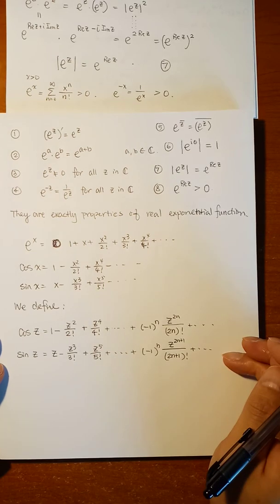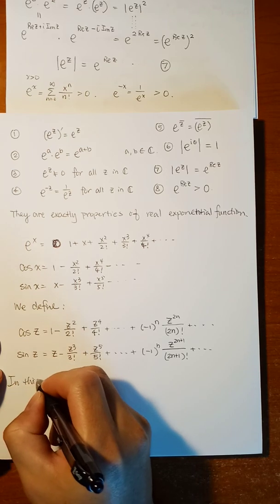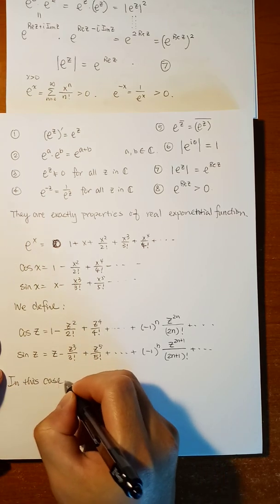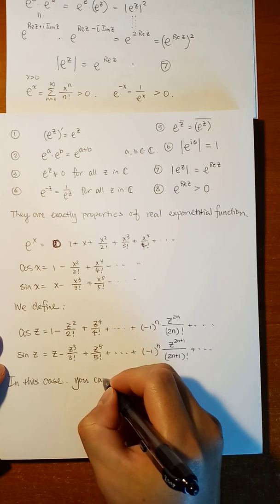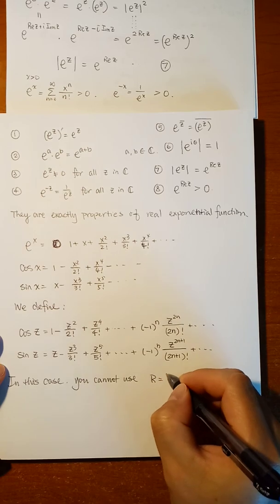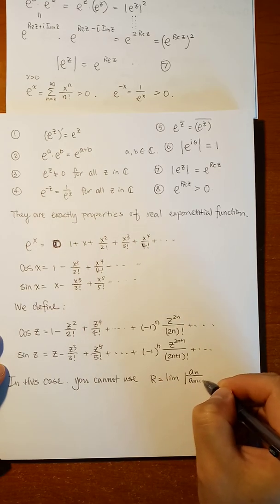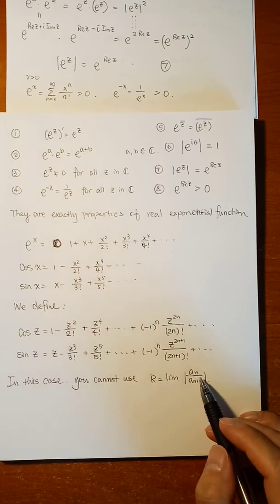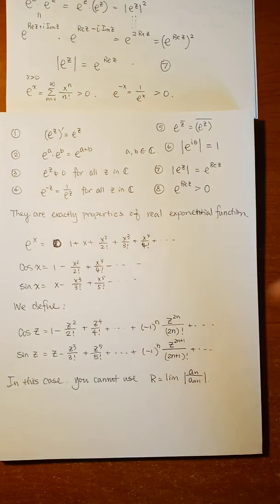And in this case, you cannot use R equal to the limit of a_n over a_(n+1). Remember that a_n is the coefficient of z to the n.